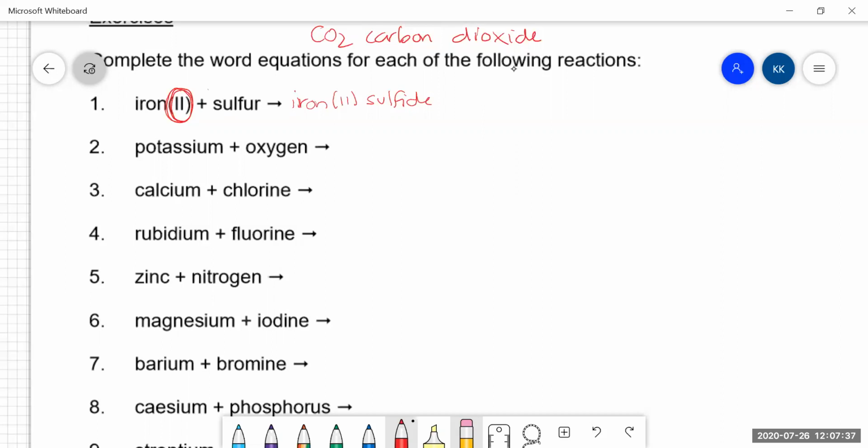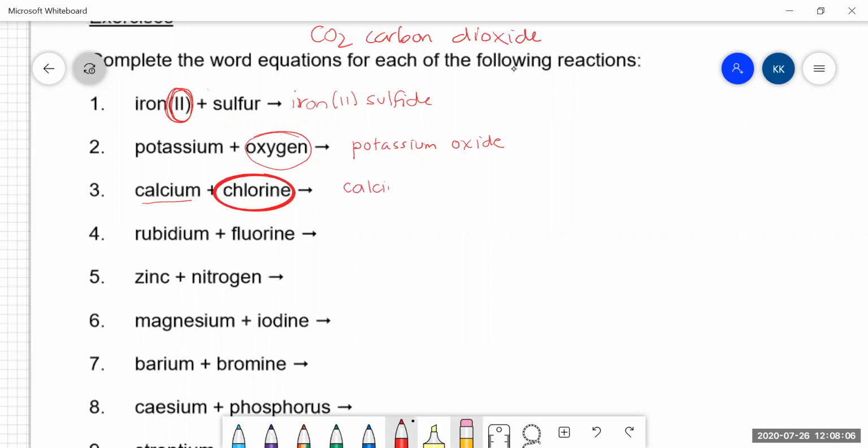Okay, potassium plus oxygen. Remember, the metal name does not change, but the non-metal, the end gets taken off the name and "-ide" put on. Next one, the non-metal name's chlorine, the metal name's calcium.